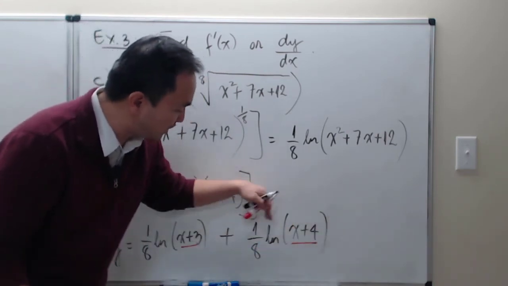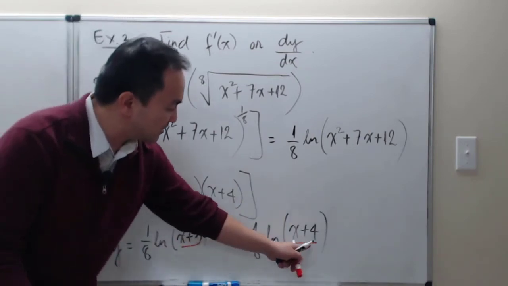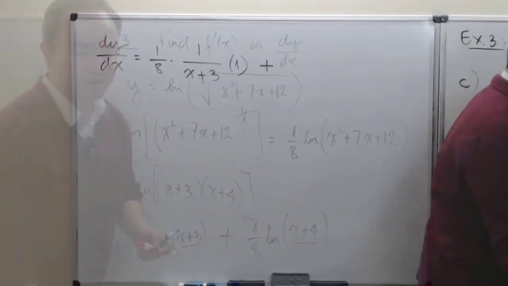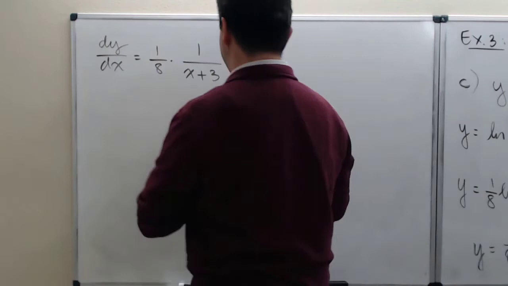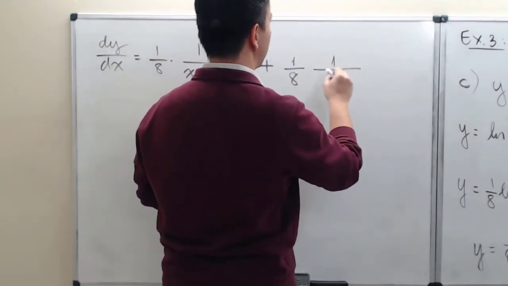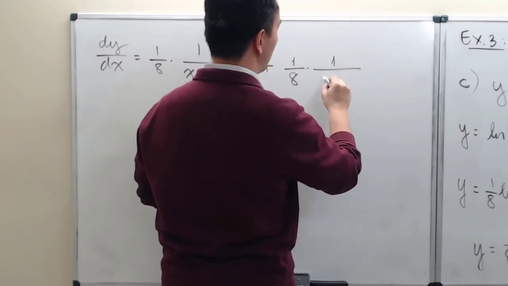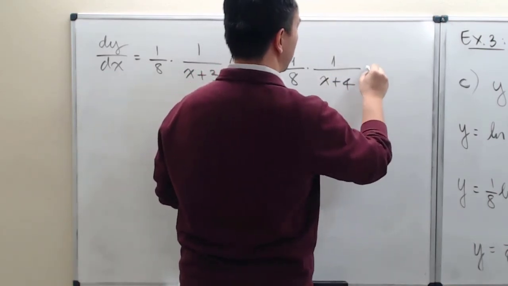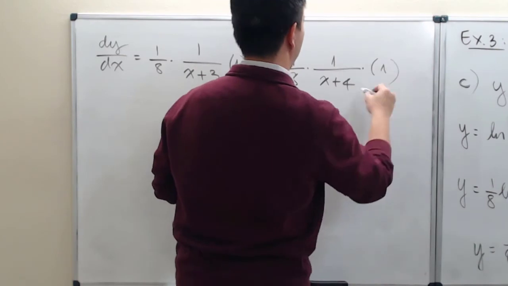This is one entire term, and the inside is underlined in red right there. So now we're looking at 1/8 times the derivative of the outside, which is 1 over x plus 4, times the inside derivative, 1.